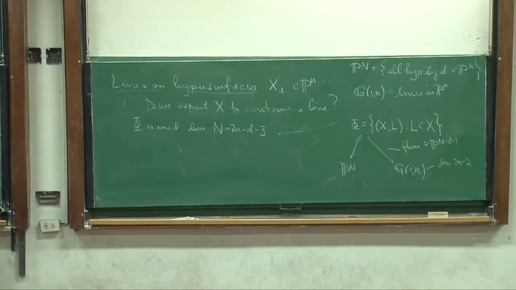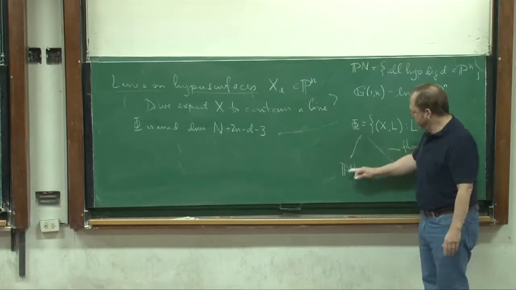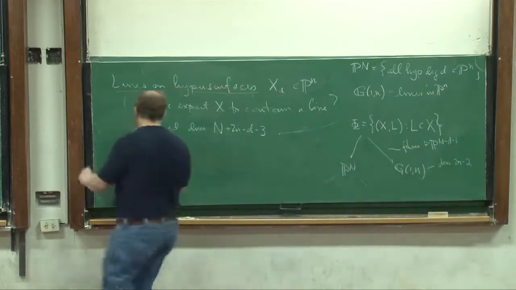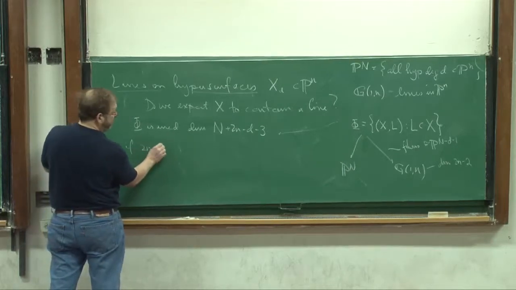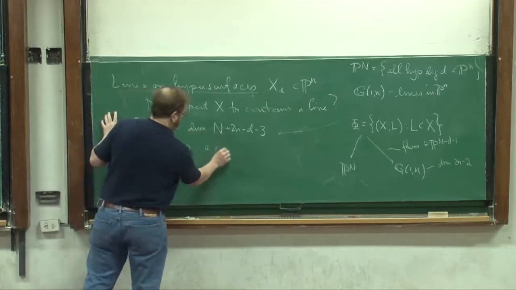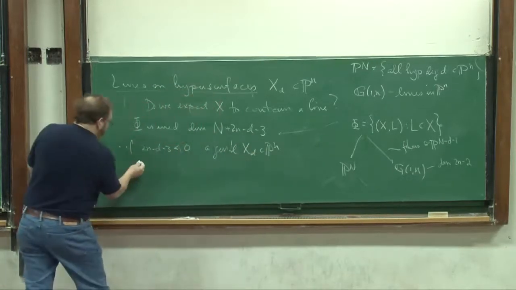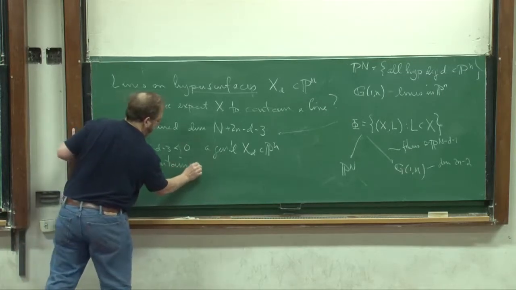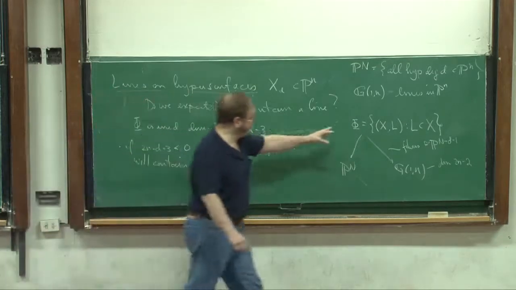Okay. And now that tells me, at least dimension theoretically, what I would expect to see when I look at the map from Phi to P^N. So the conclusion in particular is that if 2n minus d minus 3 is negative, then a general hypersurface X of degree d in P^n will contain no lines. We've proved that. We've calculated the dimension of Phi exactly.